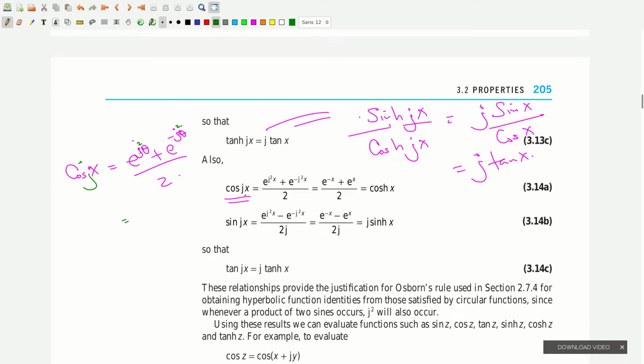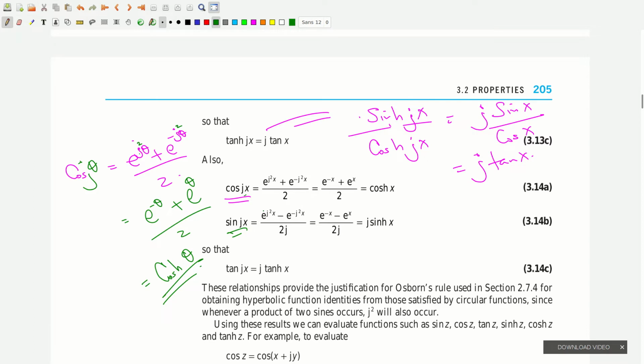But we know that j squared is -1, so we have that, then plus this one here, j squared is -1 times the negative, which becomes positive. And we know that this is the definition of the hyperbolic cos of θ. I'm confusing notation a bit, but this is the definition. Similarly, you use the same approach for sin jx.